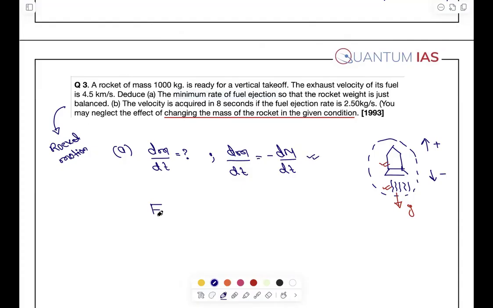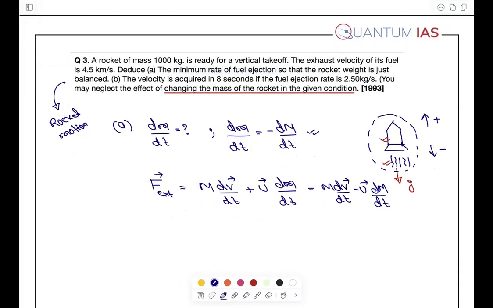We have this formula: F external is equal to m, the mass of the rocket, times dv by dt, the velocity at which the rocket is moving, plus u dm by dt. We can use this, or you can use the similar m dv by dt and change this to minus u dm by dt. So whatever you feel comfortable with, you can use here.